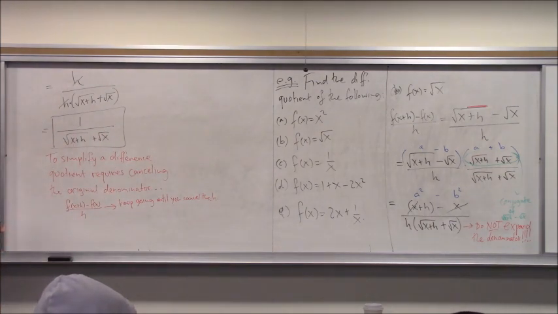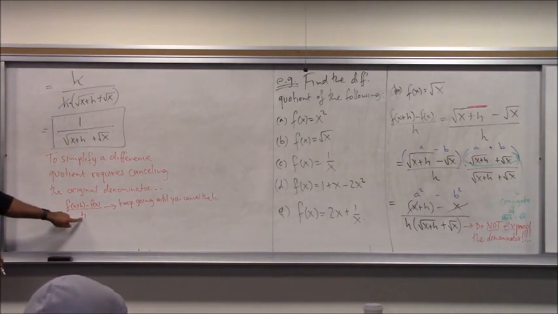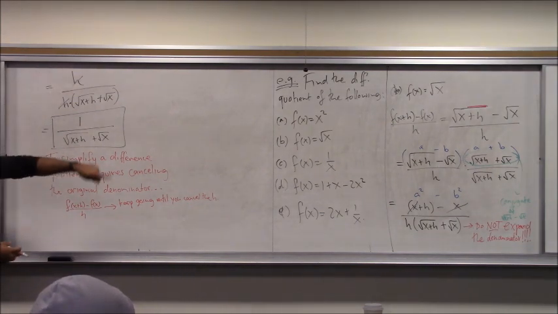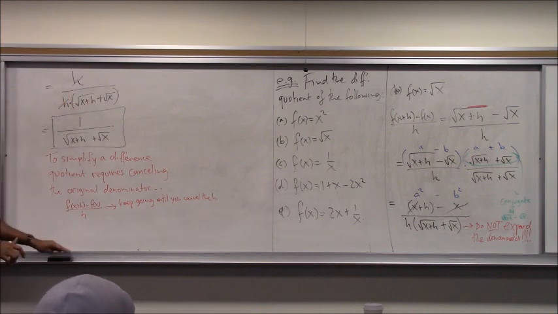We'll see why later, but just know now, once you start plugging functions here and you're doing your algebra and you're simplifying stuff, you need to cancel that h. Here, I cancel the h in the denominator, and now I'm okay, right? If I stopped at any point before this, it's not simplified.